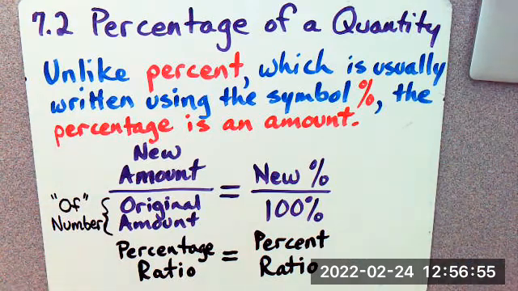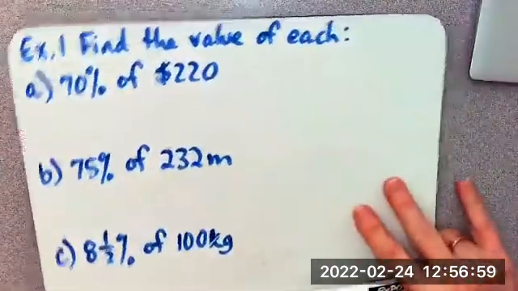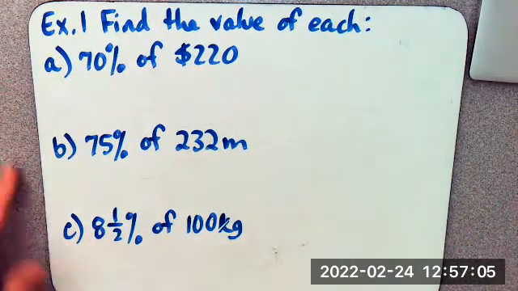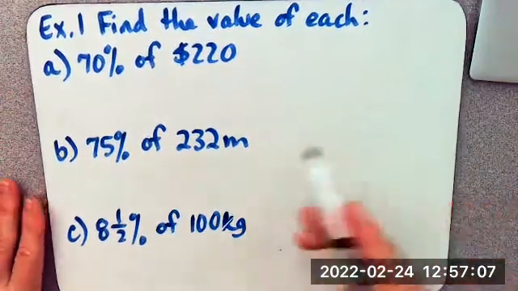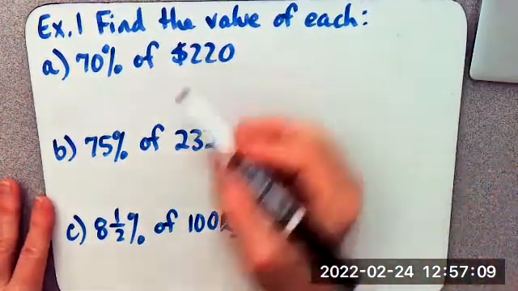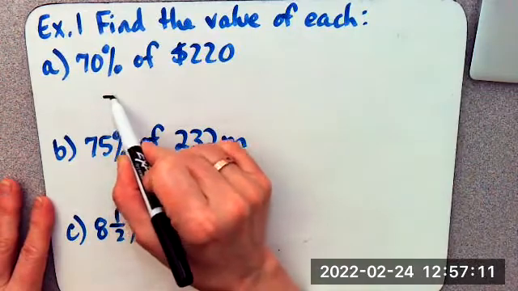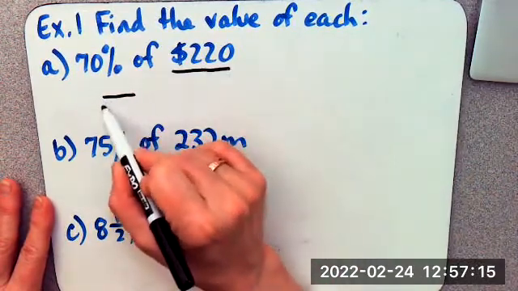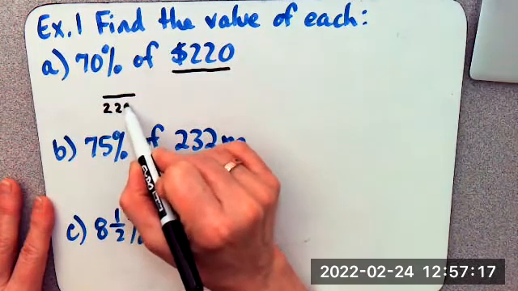So let's see how we would use this. All right, so we have: find the value of 70% of 220. So if we set up the ratios, our "of" number is 220, which is the original number.